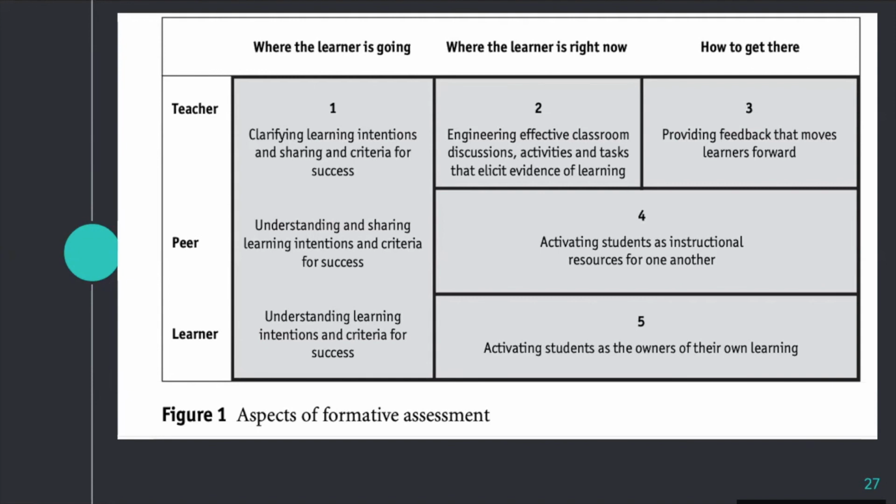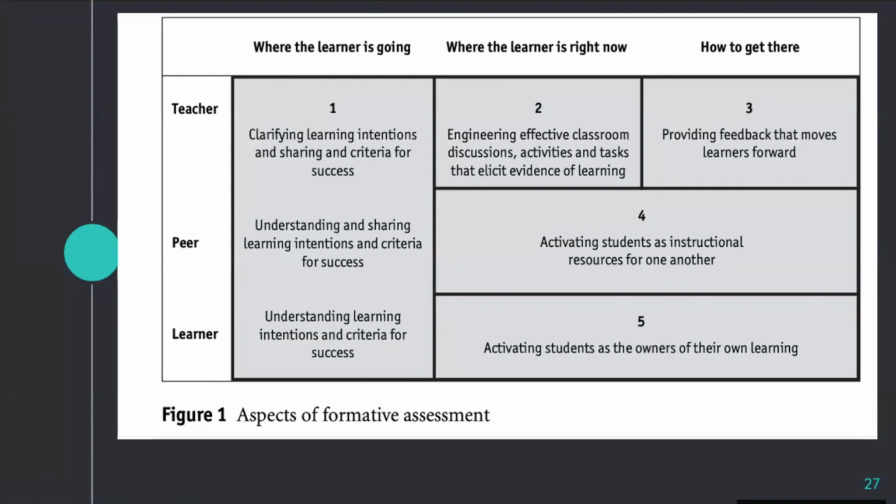How are you going to help your students in achieving the learning intentions and in achieving the success criteria by the end? Then again, as long as you go during the class, you need to provide continuous feedback for your students. You need to help them move, as it's stated here, help them move forward. There should be progress.